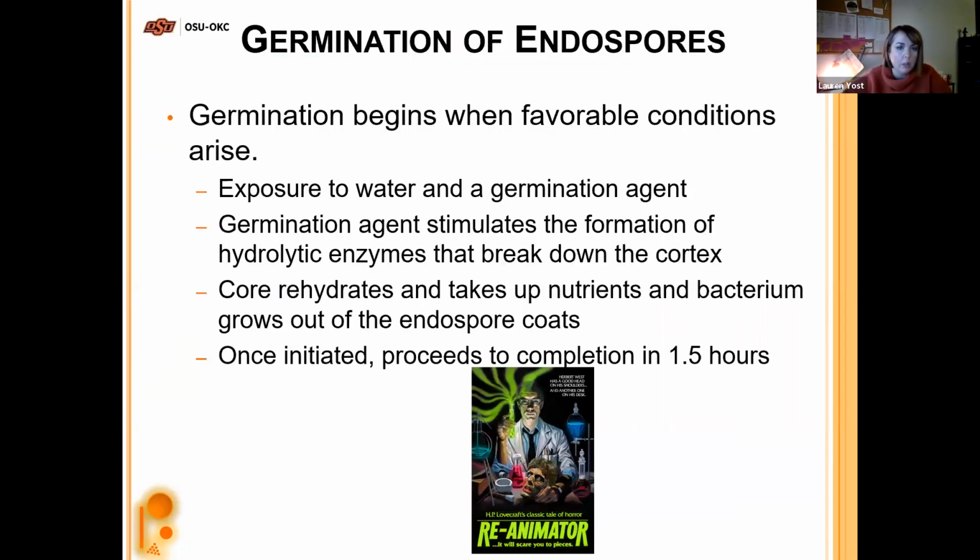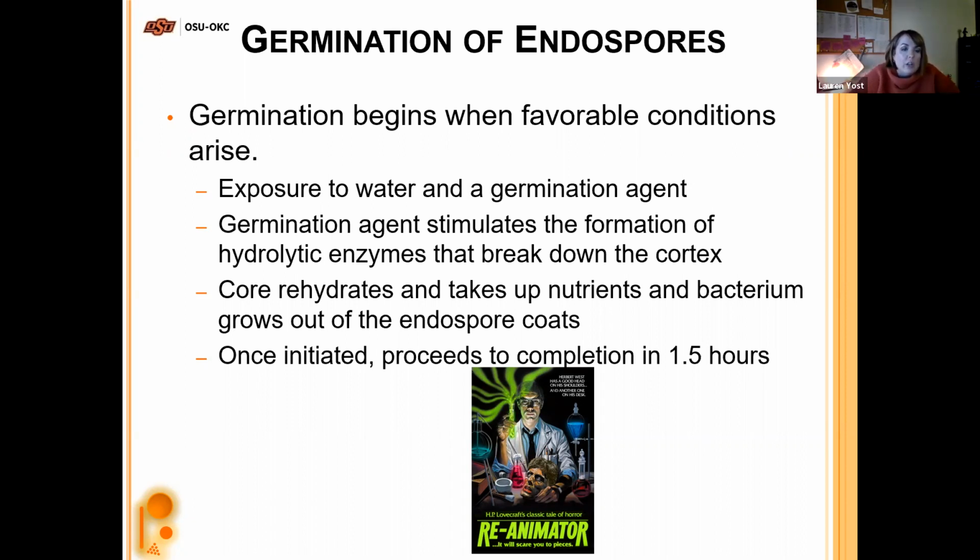Apparently, my bad. Okay, so germination begins when favorable conditions arise. Exposure to water and a germination agent, whatever triggering thing it needs, whether a carbon source or a nitrogen source, and it can start germinating, going back to the vegetative form.